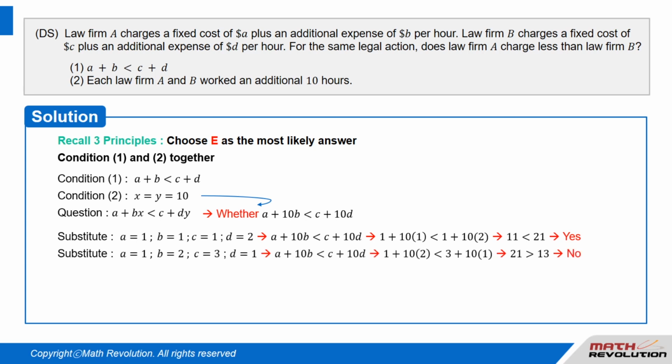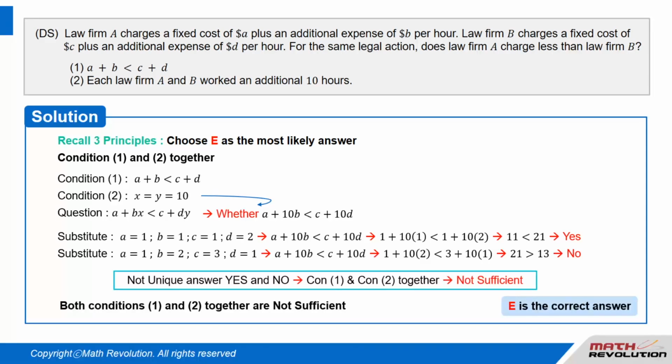But if we substitute A equals 1, B equals 2, C equals 3, and D equals 1, then we get A plus 10 times B equals 1 plus 10 times 2 equals 21, is greater than C plus 10 times D equals 3 plus 10 times 1, which equals 13, which is no. Some values work, while others do not, both yes and no, so conditions 1 and 2 combined are not sufficient.